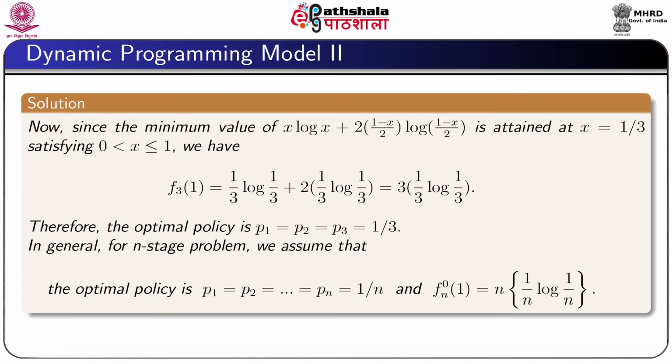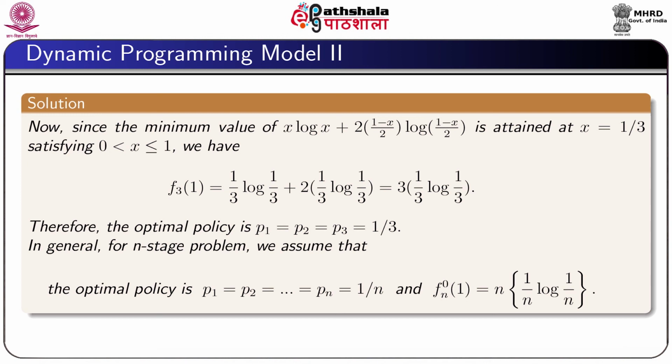Since the minimum value of this expression is attained at x equal to 1/3, which also satisfies the condition 0 less than x less than or equal to 1, we have f3(1) equal to 3 into 1/3 log 1/3. Therefore, we see that the optimal policy is p1 equal to p2 equal to p3 equal to 1/3.